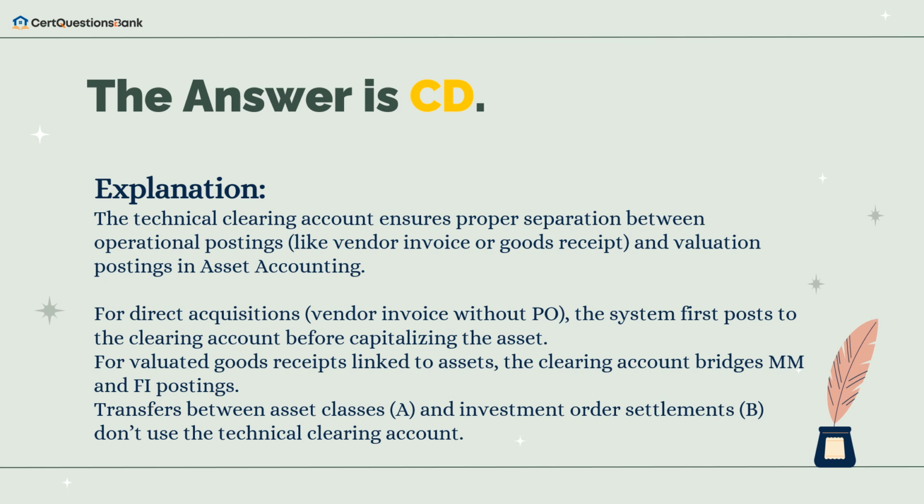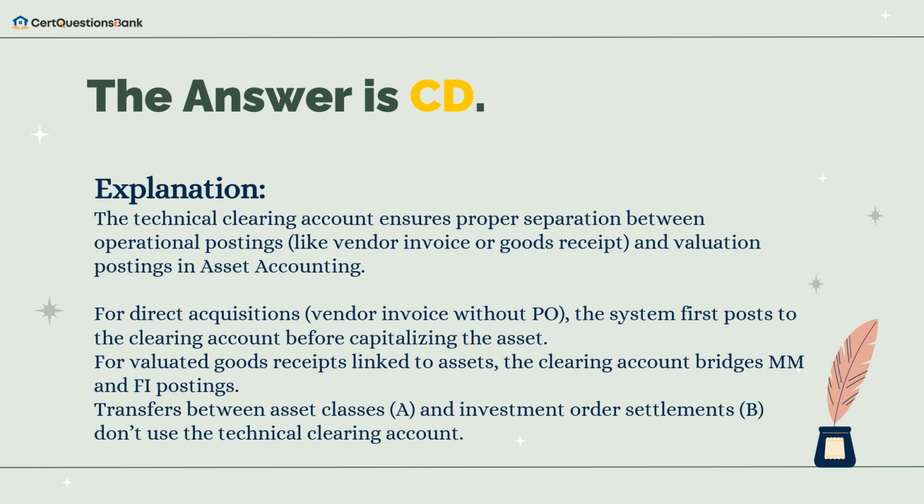The technical clearing account ensures proper separation between operational postings, like vendor invoice or goods receipt, and valuation postings in asset accounting. For direct acquisitions, vendor invoice without PO, the system first posts to the clearing account before capitalizing the asset.